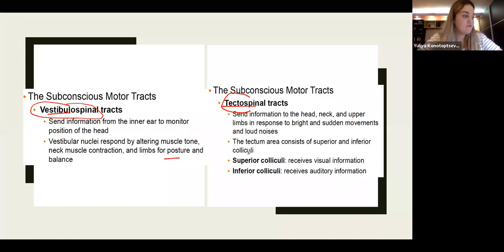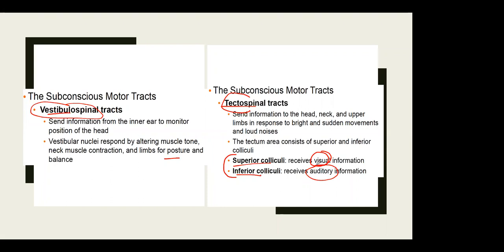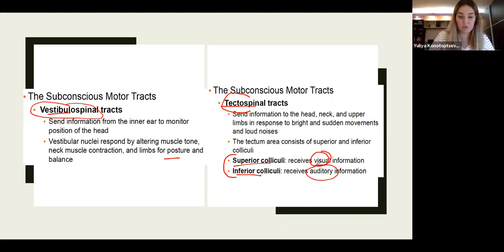Tectospinal tracts receive information from 2 areas, the superior colliculus and inferior colliculus. We will talk about them in the anatomy a bit. Superior colliculi are responsible for visual information. Inferior colliculi are for the auditory. Sometimes you have a patient who hears everything you say, you have a conversation with him, everything is great. But then you clap right next to his ear and there's zero reaction.